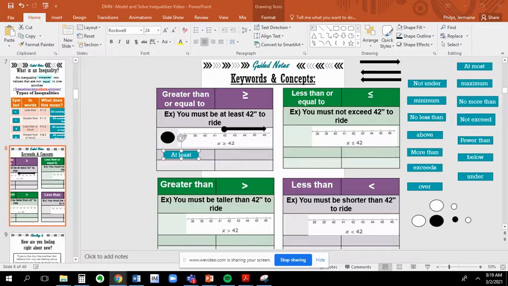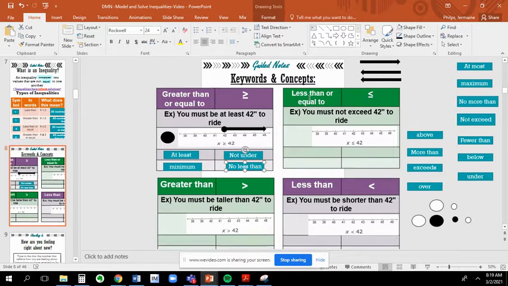When you see the word minimal, that's going to mean greater than or equal to. When you see not under, not under is going to be greater than or equal to. And also we've got one more over here, no less than. When you see no less than, it's going to be greater than or equal to as well.